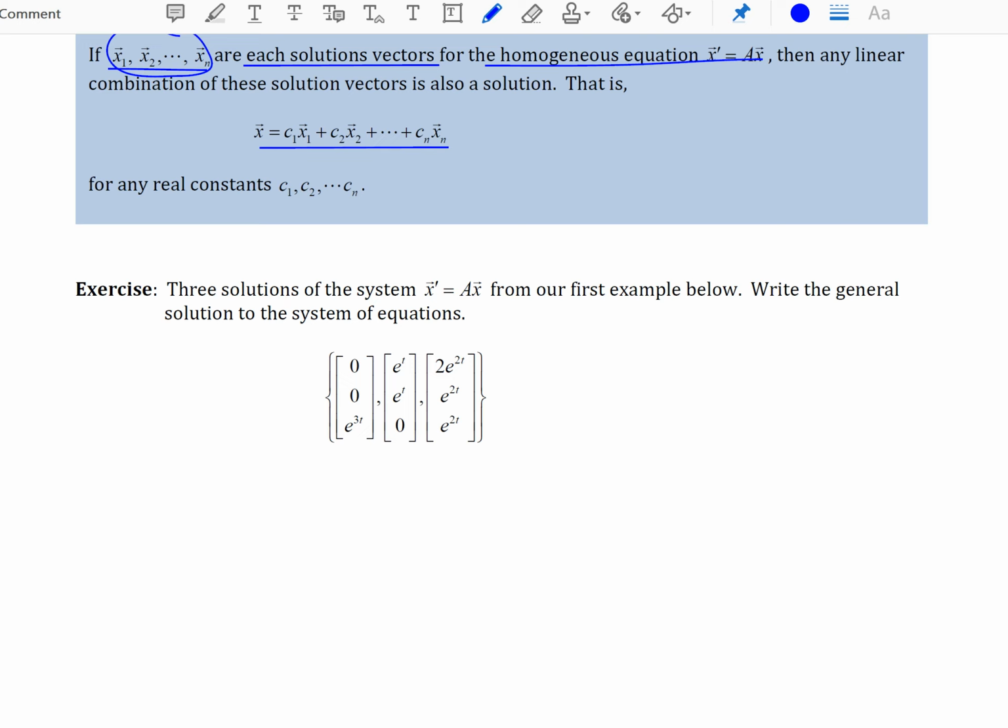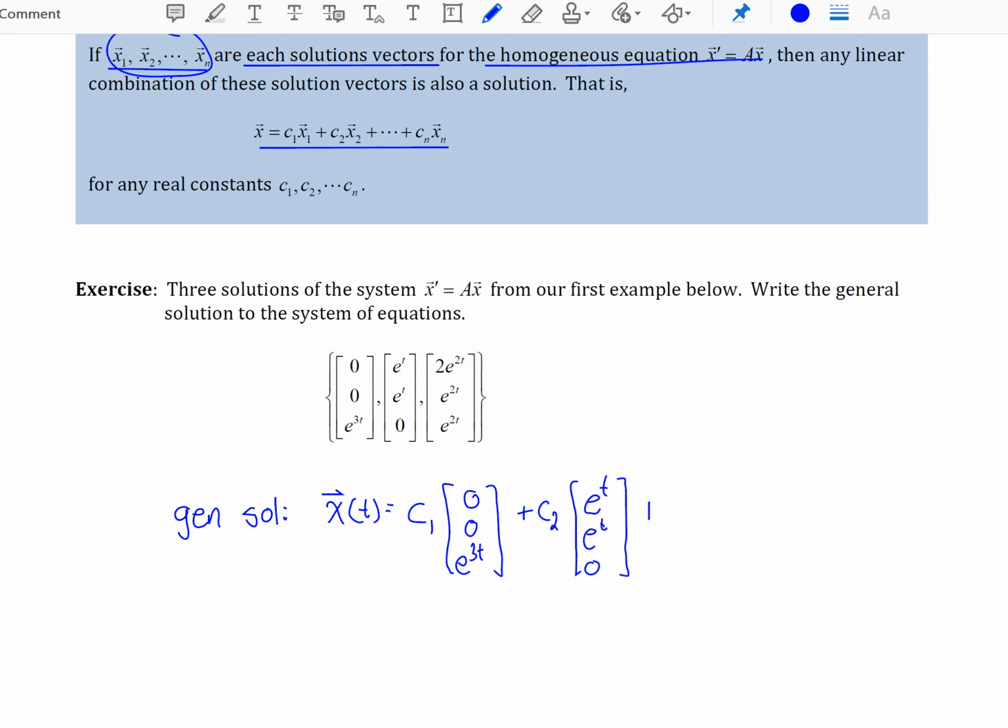But if these are each solutions, then a general solution x, the vector of t, could be c1 times your first solution, c2 times your second solution vector, and c3 times your third solution vector.